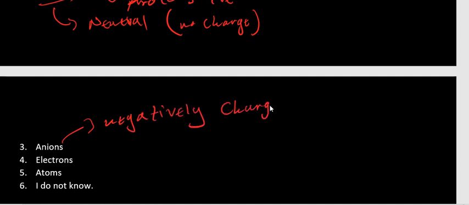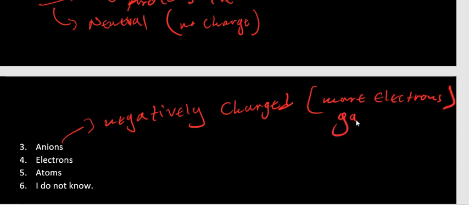So this guy is negatively charged because there are more electrons, that's why it is negatively charged, or it has gained electrons, okay. So that's what we can say there.